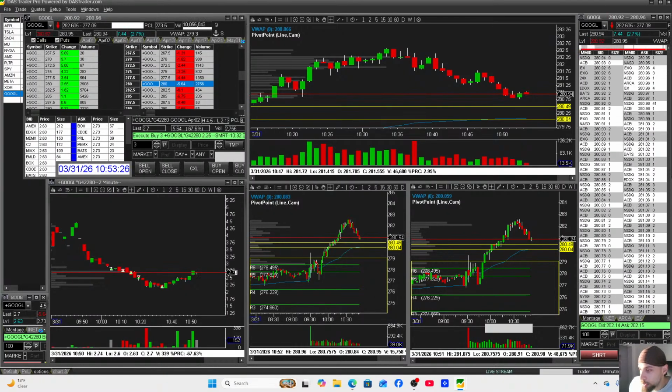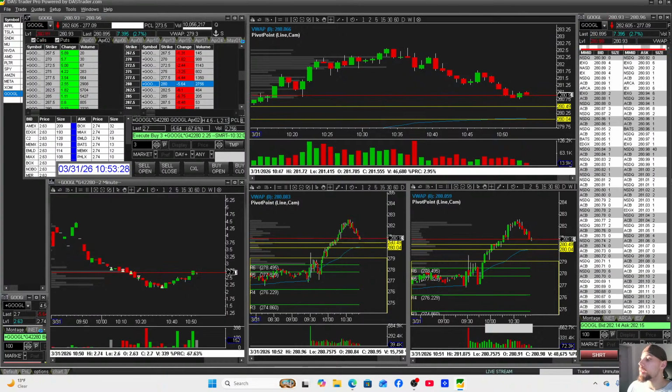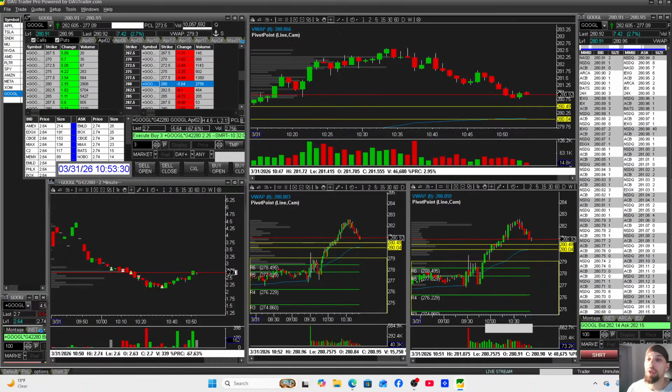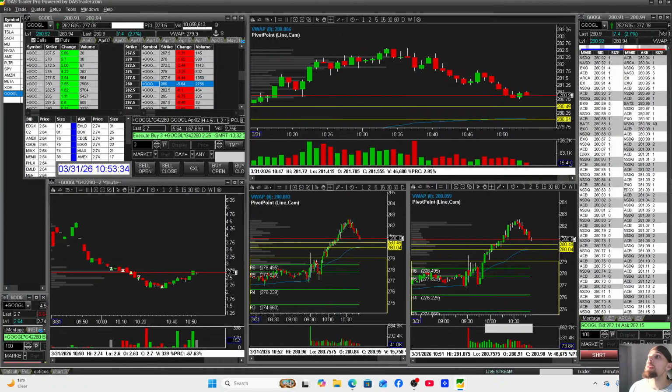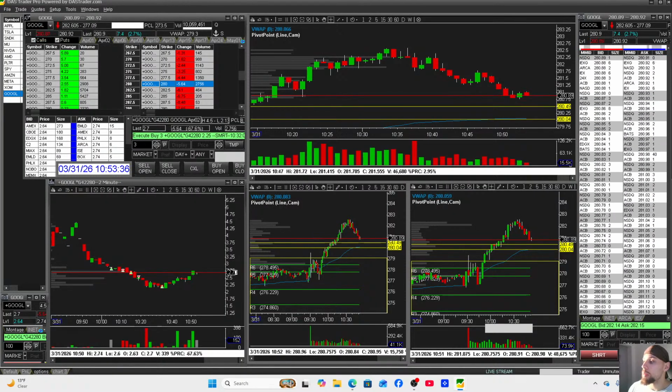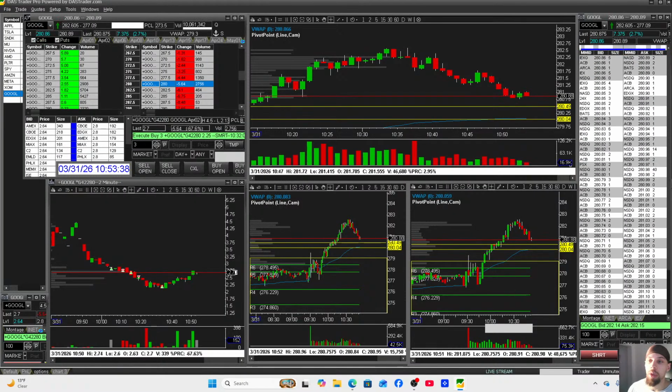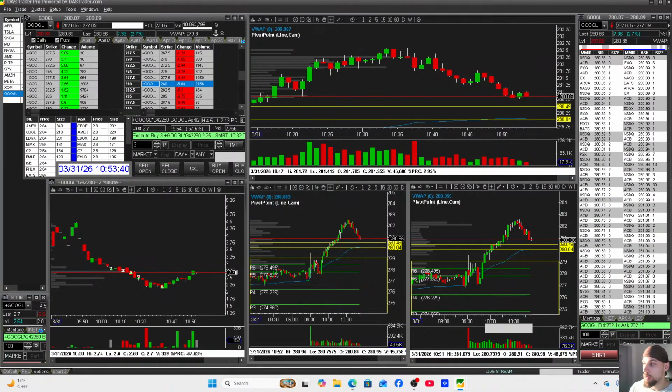Qs are still pushing down. I'm expecting this to push down. If the overall market says we're going down, I don't see why Google's not going to go with it.